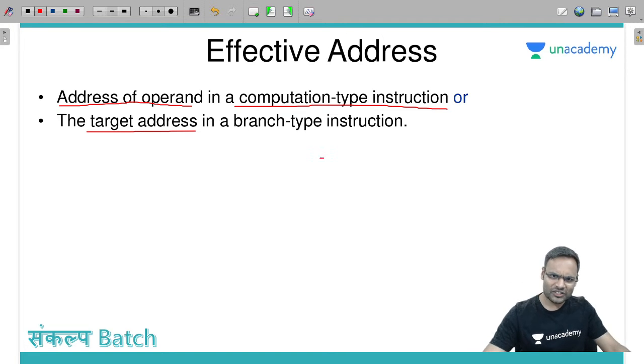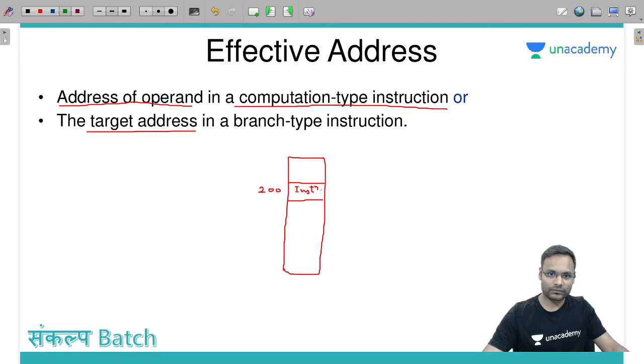ब्रांच टाइप इंस्ट्रक्शन का एक एग्जाम्पल मैं दे देता हूं. सपोज़ one instruction is present here. That instruction is present in the memory at address, suppose, 200, and it says it's a branch type instruction. And it says after this instruction execution, the next instruction to be executed is this one.